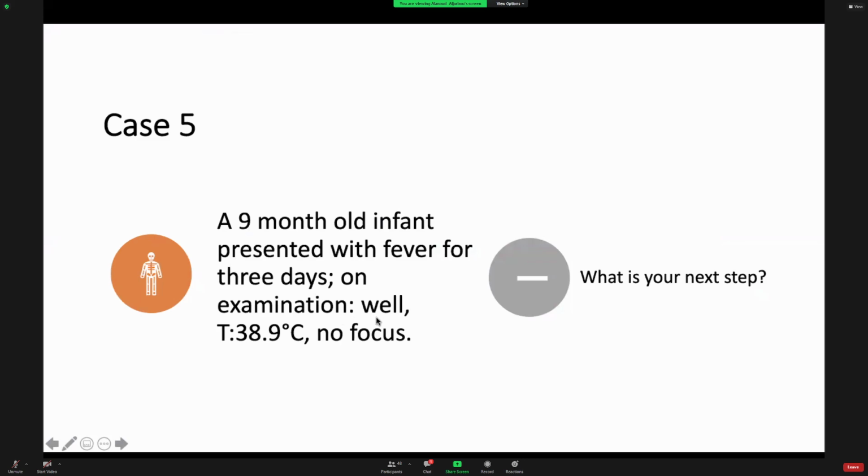If the child is ill looking, okay, I will think about sepsis or other bacterial infection. But if the patient is well looking and in your examination you didn't find any focus, no pharyngitis, no acute otitis media, no other focus, so it's the most common presentation. Clear. Okay.